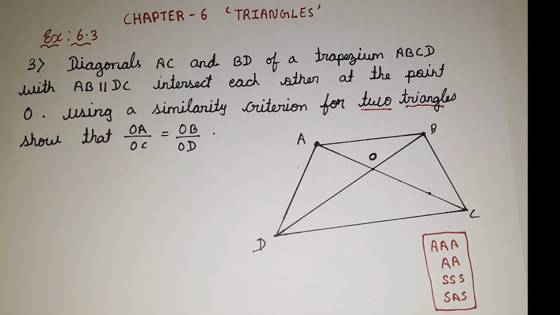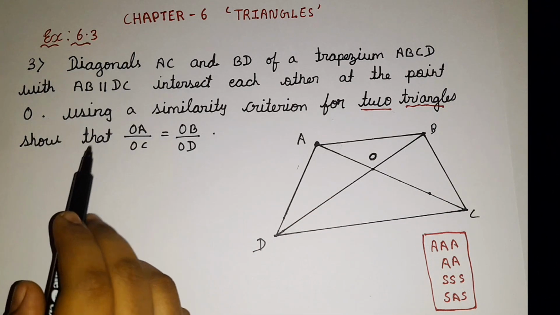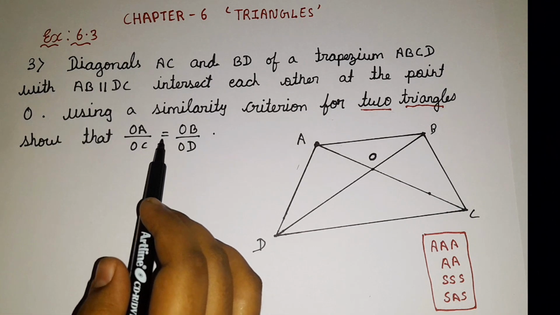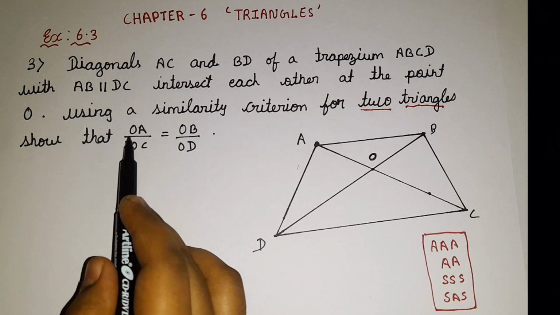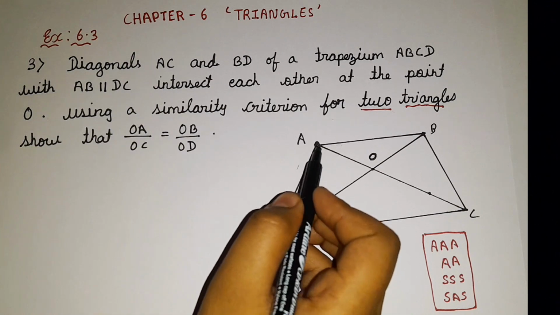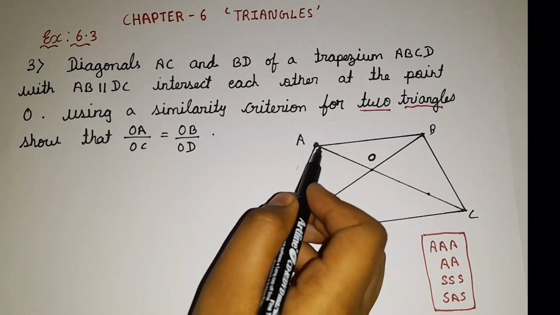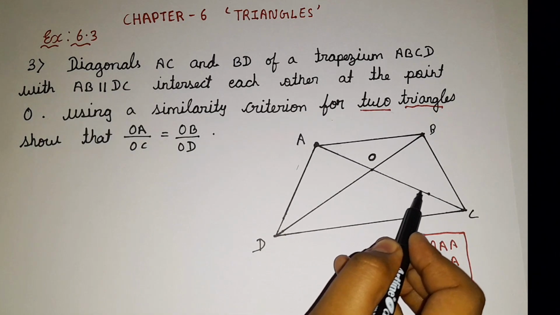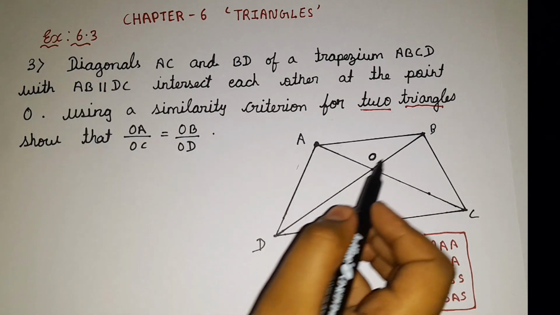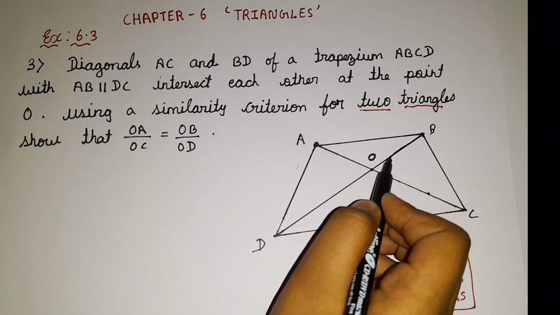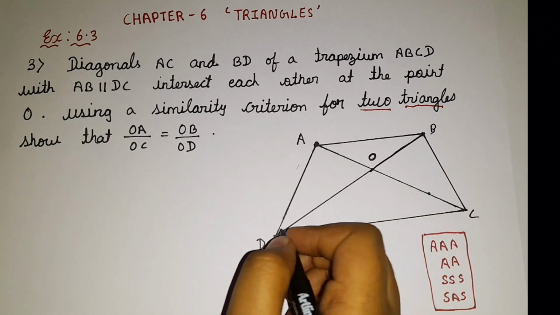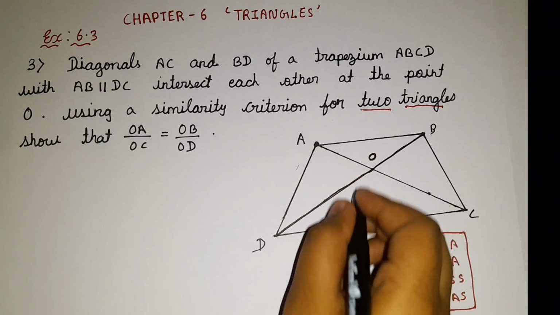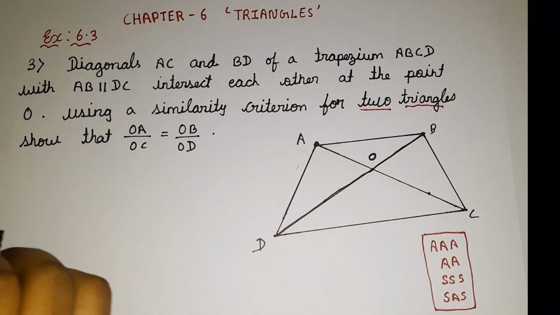Because according to the question we are supposed to show that OA by OC is equal to OB by OD. Where is OA? OA is right over here, and OC is here, OB is here, and OD is right over here. These values are lying in these two triangles. That's why I am taking these two triangles.